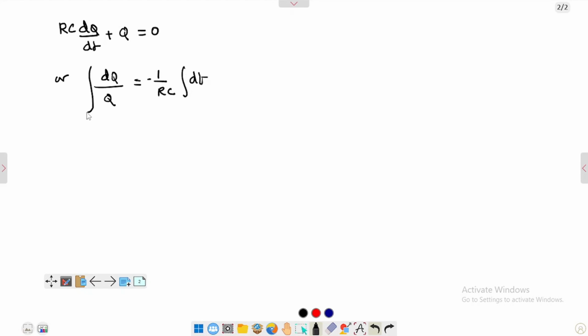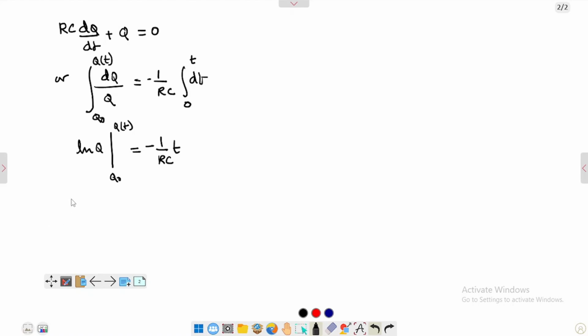So I will do integration here. But remember, when t is 0 and the switch is just put on so that B and C is connected, the capacitor is fully charged with Q naught. When the time is t, the charge will be q(t). So if I do this integral, I will get ln q from Q naught to q(t) equal to minus t by RC.